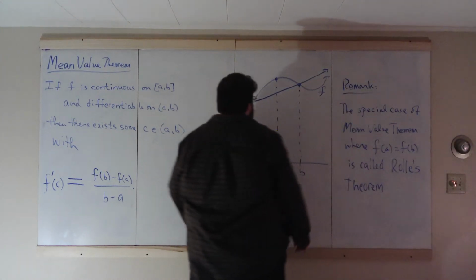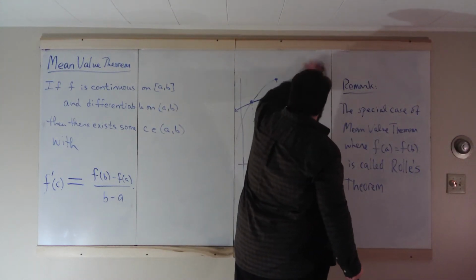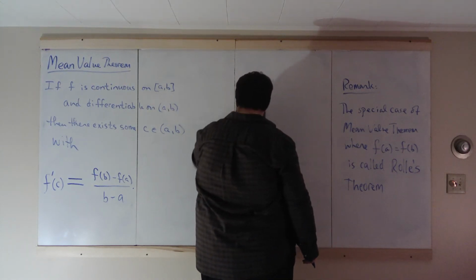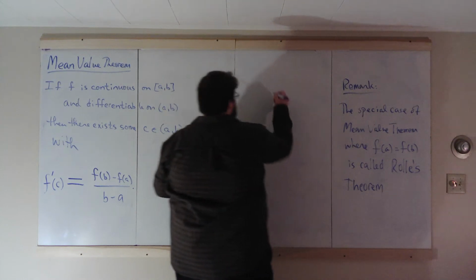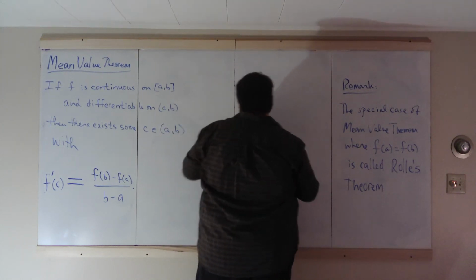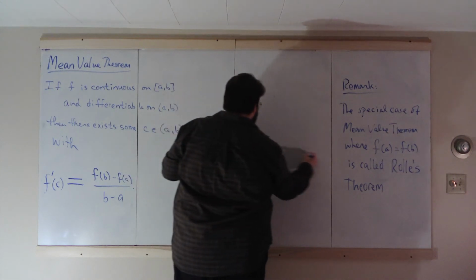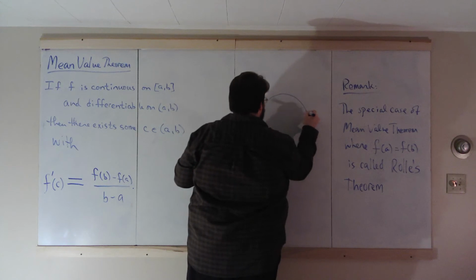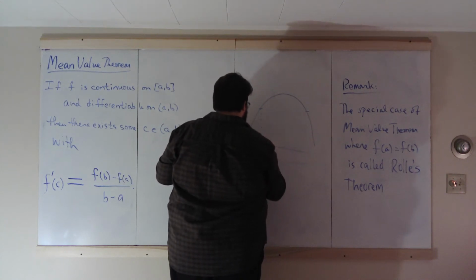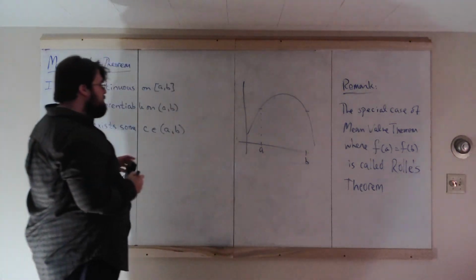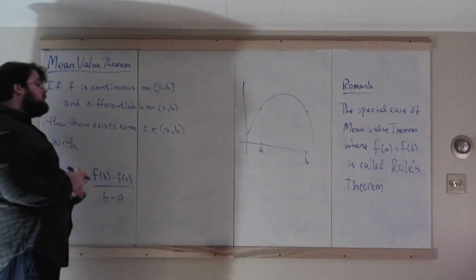And what would that look like if f of a equals f of b? Let's draw a function. Let's move the y-axis over. Well, it would look something like this. A would be here. B would be here. If f of a equals f of b, they're on the same horizontal line.